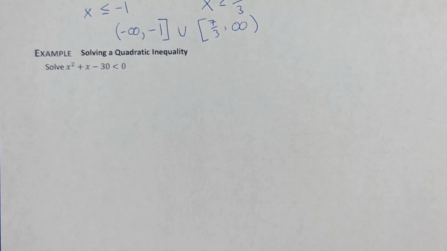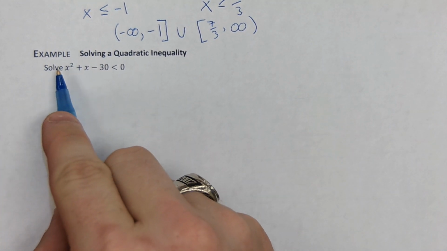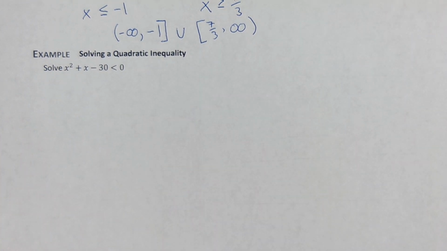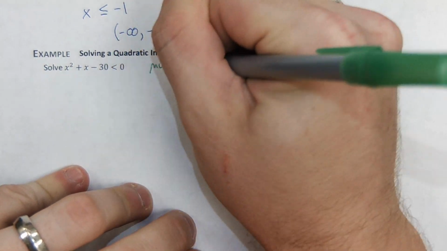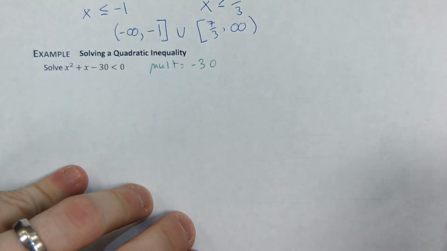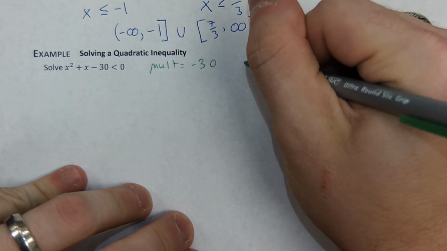And this is actually one of what I like to call the easy ones, the shortcut method, because there's no number in front of x squared other than the value of 1. So when we go to factor it, we don't even have to do the whole Lizzie method thing where we have to say over a and then reduce our fractions. We don't have to do any of that. All we need to do is figure out what two numbers multiply to -30. And we need those two numbers to add to +1.